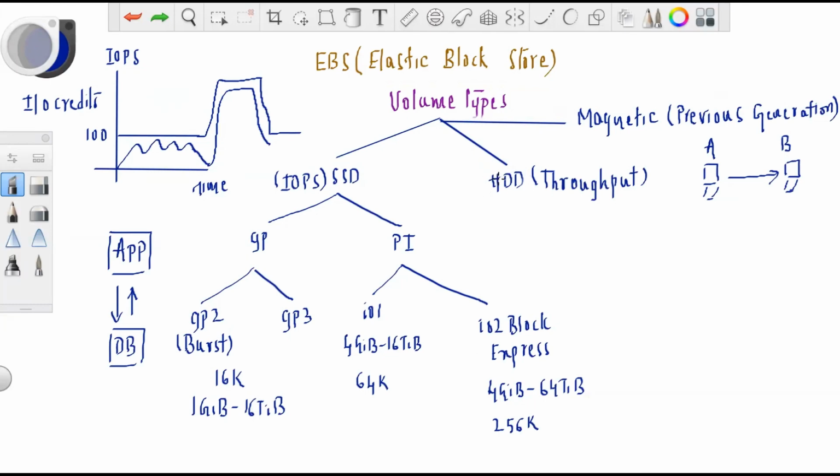Next, we have HDD volumes. The HDD volume types include throughput optimized HDD, ST1, and cold HDD, SC1. The throughput optimized HDD volumes are low cost and specifically designed for frequently accessed throughput intensive workloads with the maximum throughput of 500 megabytes per second.